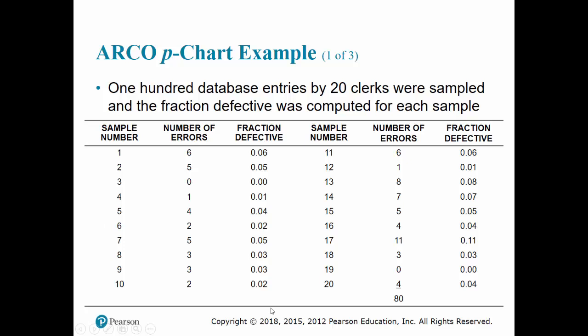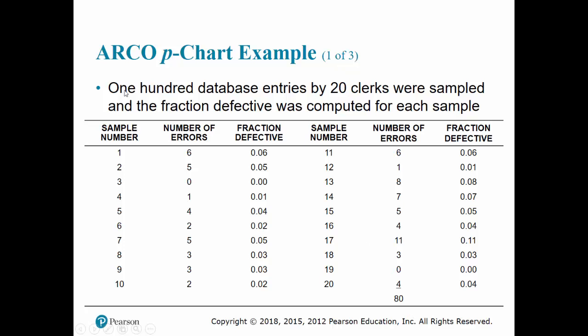Okay, so here is an example. We have 20 samples. In each sample, we had 100 database entries from each clerk, and we count how many errors there were. For the first clerk, out of 100, there were 6 errors, so the fraction defective is 6 over 100. You calculate that for each of them. If you sum all these errors, there is a total of 80 errors.